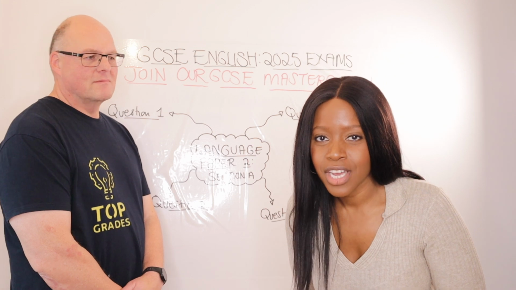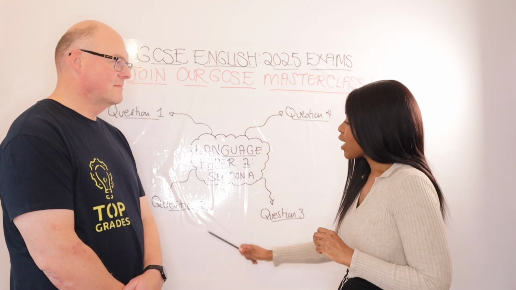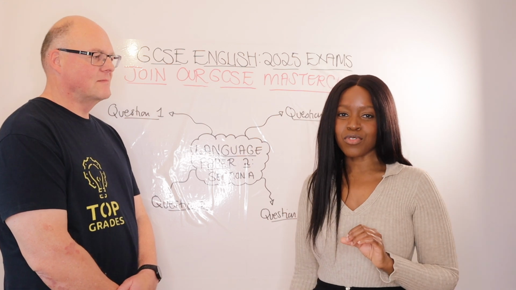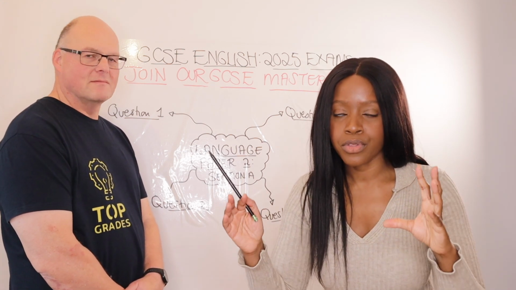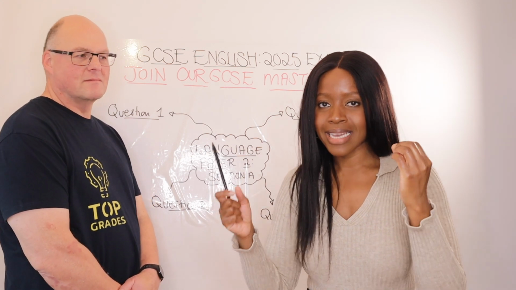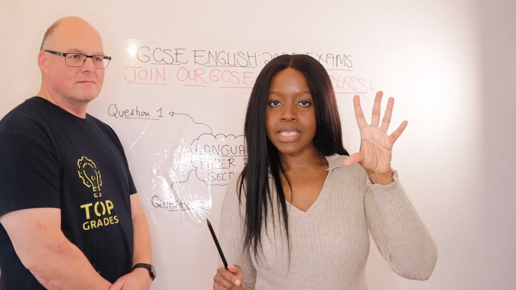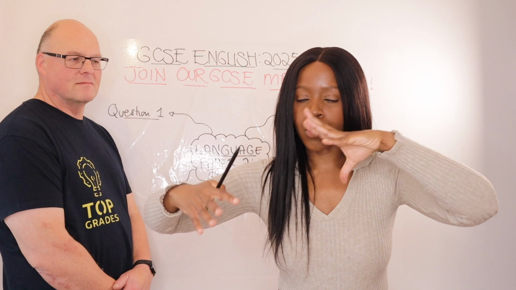Then for question number 2, when it comes to language paper 2, this is your first comparison question. This is a summary that you need to write when you are looking at both sources. You're always asked to talk about something quite thematic that is explored in both source A and source B, because remember that there's always an overall theme.